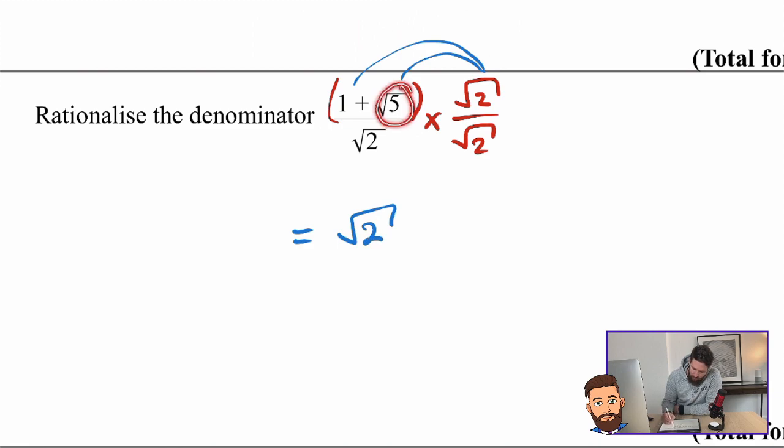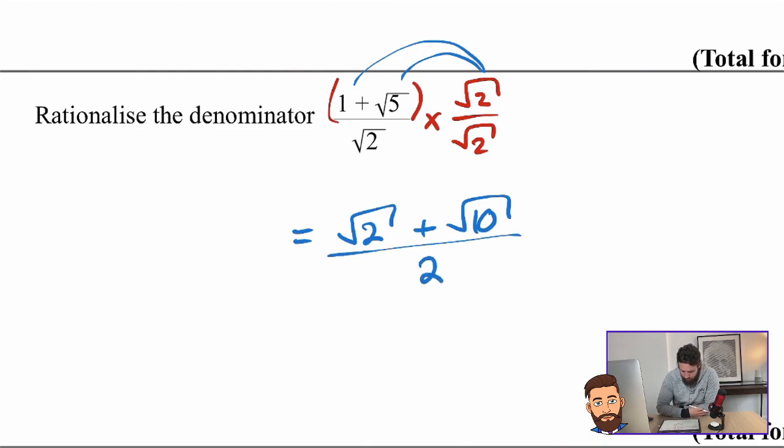Remember, root 5 times root 2 is root 10 over 2. Can we break root 10 down? No, no square number goes into root 10. So we cannot add these surds together, they have to stay independent.